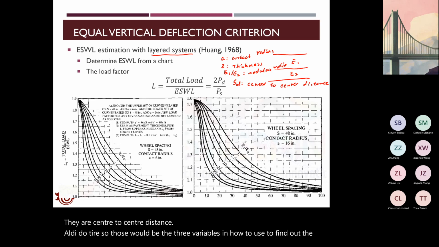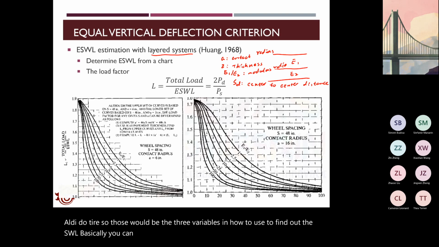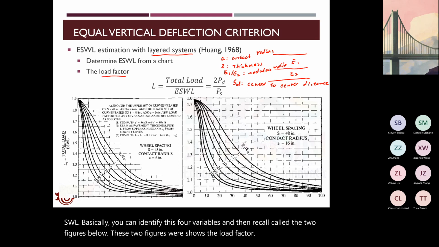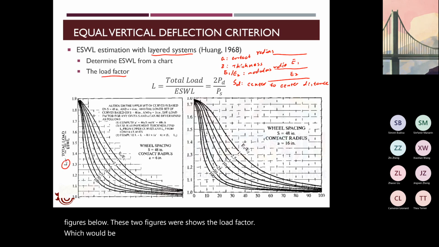Basically, you can identify these four variables and then use the two figures below. These two figures show the load factor, L, on the vertical axis with respect to the thickness, Z, on the horizontal axis.